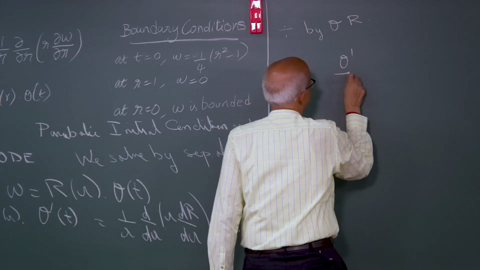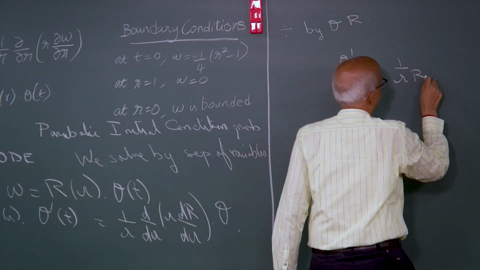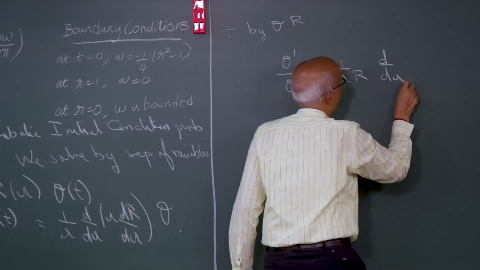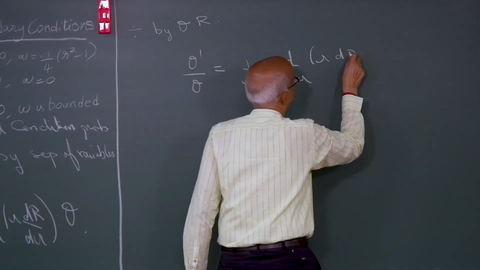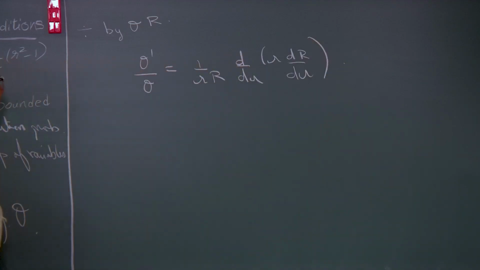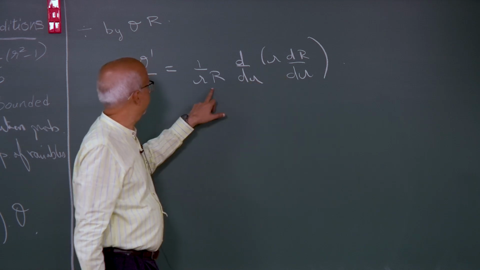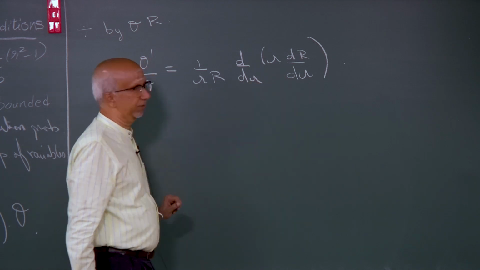Theta dash divided by theta equals 1 by R times 1 by r d by dr of r dR by dr. This is what we saw last time. The theta got cancelled on one side, R got cancelled on the other.